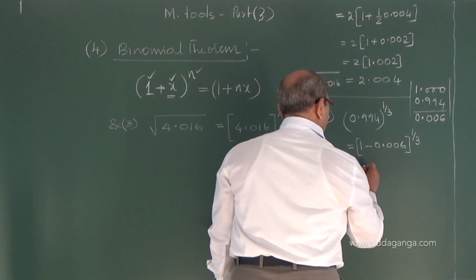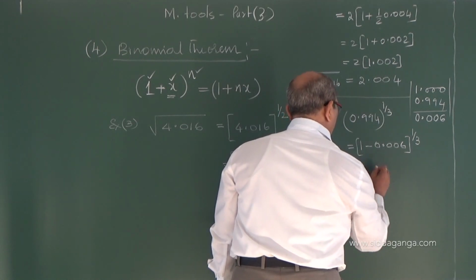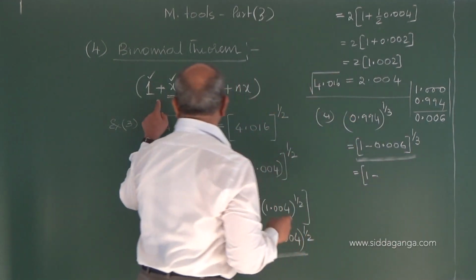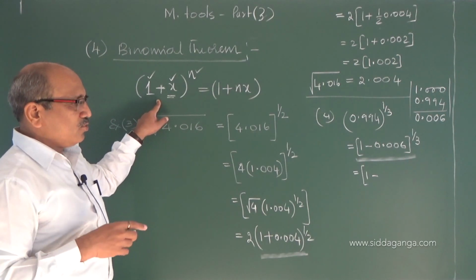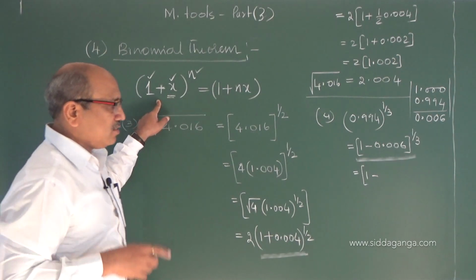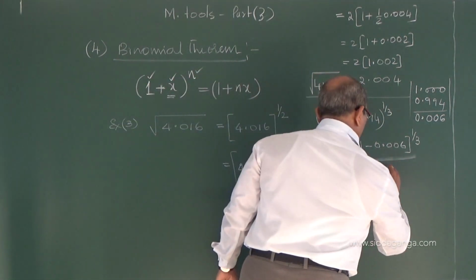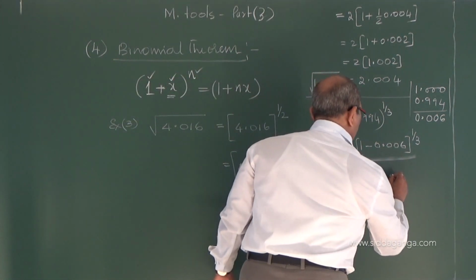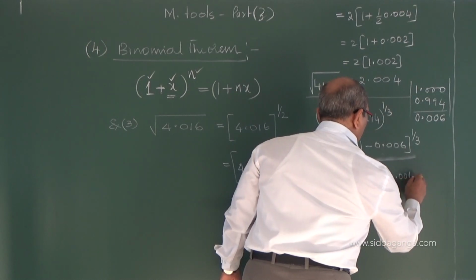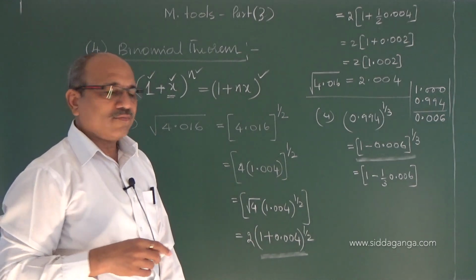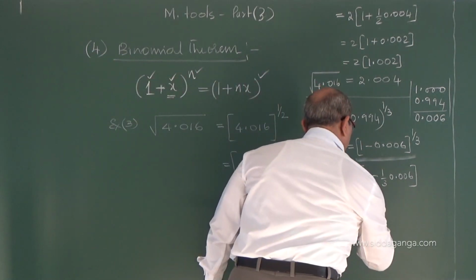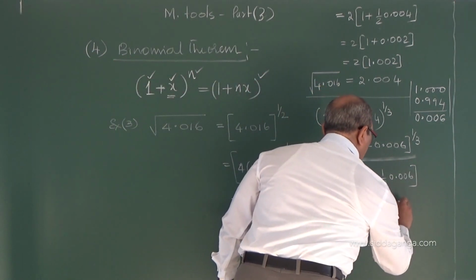And this can be written as, now you see this is in the form of the standard one, 1 minus 0.006 to the power of 1 by 3. This is 1 by 3 into 0.006. I can write using this relation, I hope you have got the answer now, 1 minus 0.002.